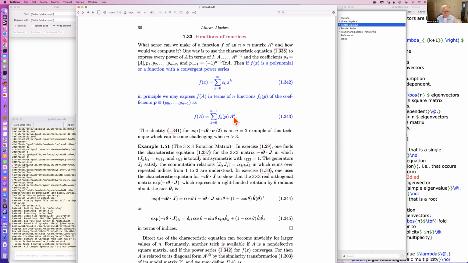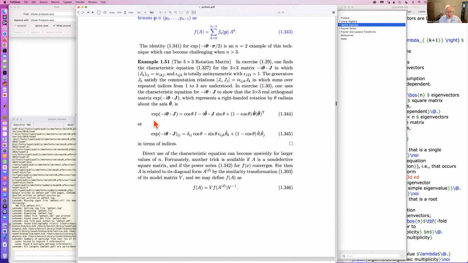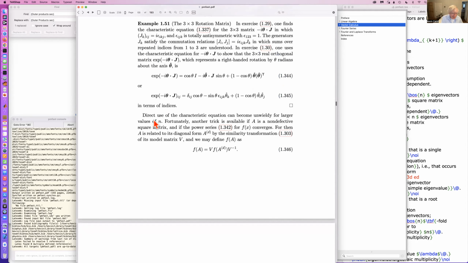And these functions are functions of these coefficients in the characteristic equation.